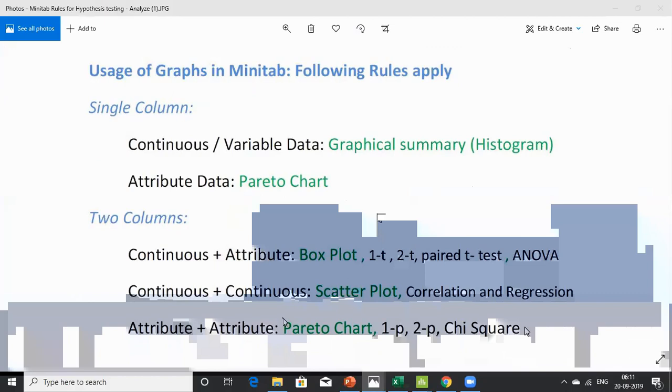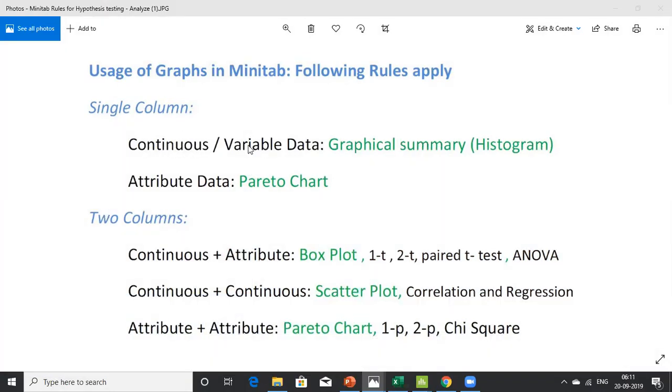Okay, so this is some representation of what test is required for each kind of data to do the hypothesis testing. For example, if it's a continuous variable Y, then you can just get it from a histogram. For attribute data, it's a Pareto chart, right?